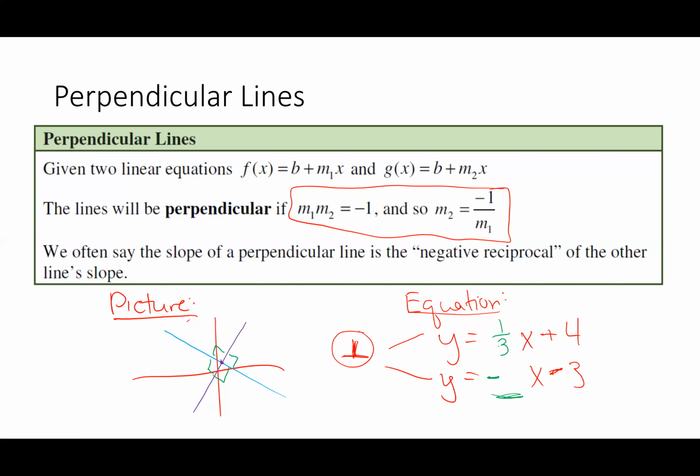And the reciprocal of 1/3, if I switch the position of the 3 and the 1, I get a 3/1, which I would never write like that because it's important that we're as clear as possible. So instead, what I would write is -3. So these are connected in such a way that these negative reciprocals of slope, if I choose a slope for one of these equations, the other equation, I don't get that choice.